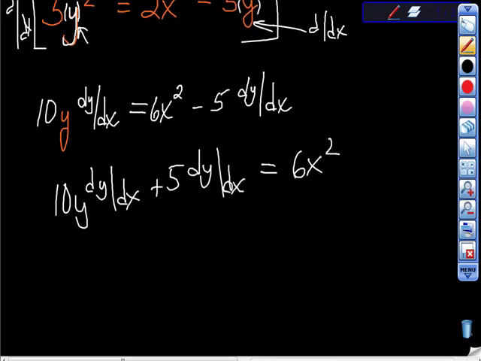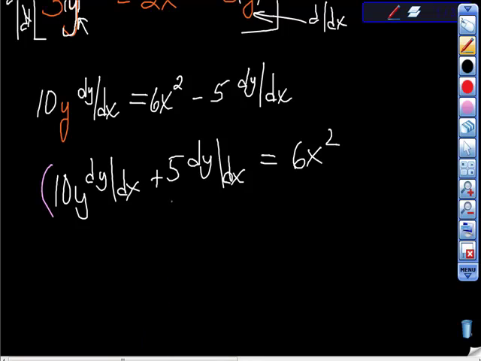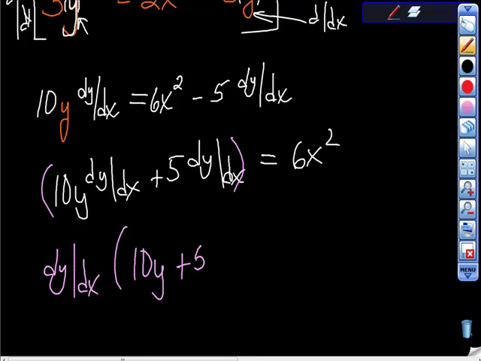The reason I'm going to do that is because I'm going to factor this out. So I'll factor out dy/dx here, dy/dx here. So there's my dy/dx, and what we are left with on the inside is 10y plus 5.